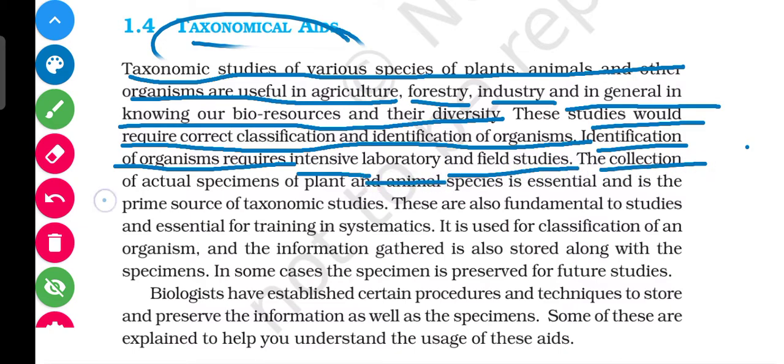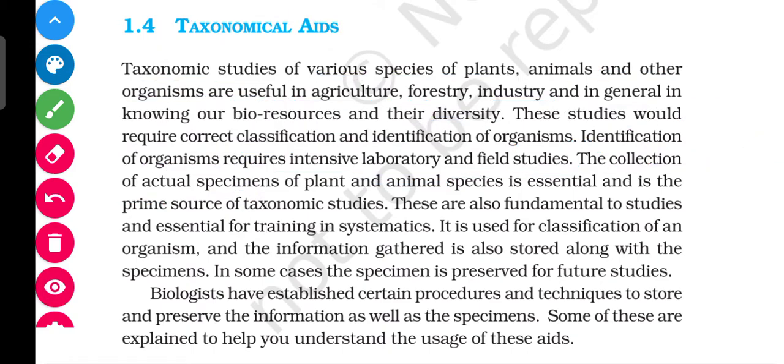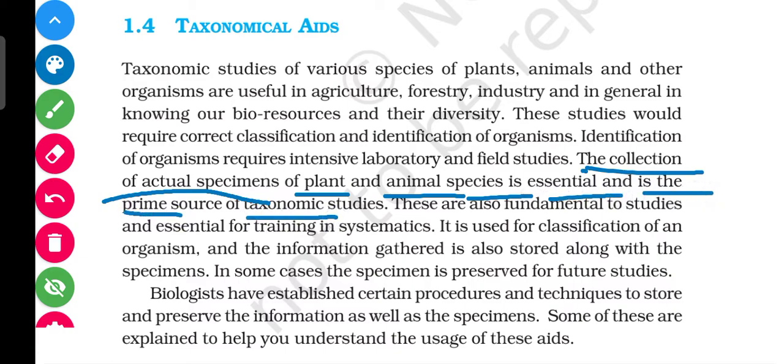The collection of actual specimens of plants and animal species is essential and is the prime source of taxonomic studies. These are also fundamental to study and essential for training in systematics.